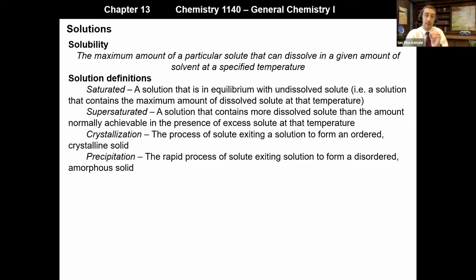If the solute comes out of solution rapidly and doesn't form an ordered solid, but just forms a disordered, random, amorphous solid, that process is known as precipitation. That's more what we encountered in chapter 4 when we were talking about precipitation reactions. In those cases, a reaction produces some insoluble material which just falls rapidly out of solution and doesn't form a nicely ordered solid. It just falls out as some powdery material.